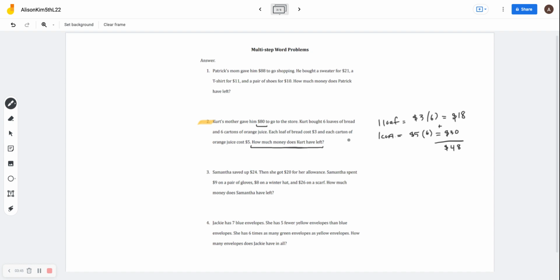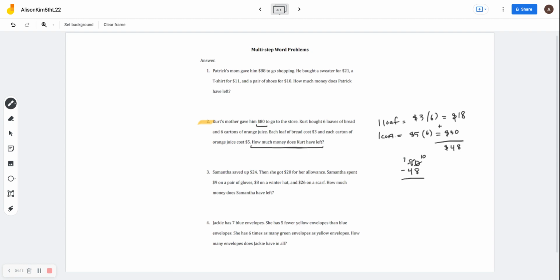So in order to do that, as I said before, he has a total of $80. That's the max amount he could spend. And right now, we just figured out that he spent $48. And in order to figure out how much money Kurt has left, like change, we're going to have to subtract the amount he spent from the total amount he started with. So it's going to be 80 minus 48. So the 0 turns into a 10, and then because we borrowed from the 8, this 8 becomes a 7.